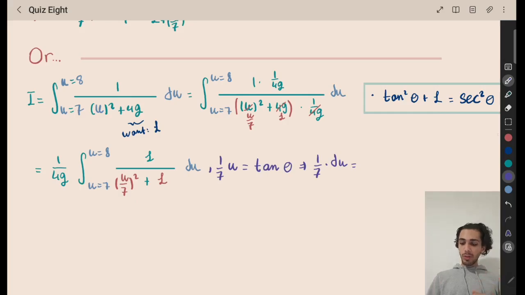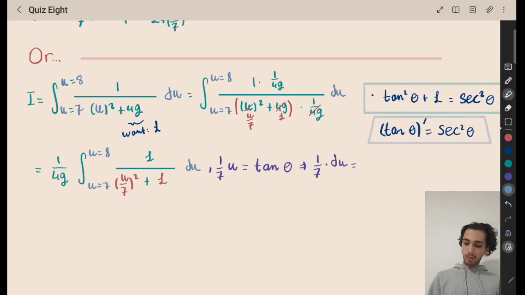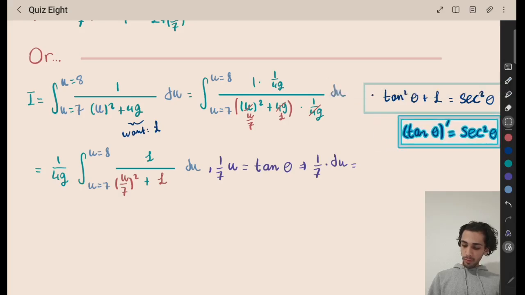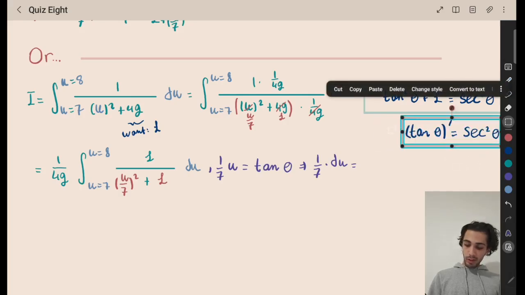Now I presume you already know the derivative of tangent. But if you don't, it's sec squared of theta as well. So if you've never seen it, then this is really what it is. So that's very good.